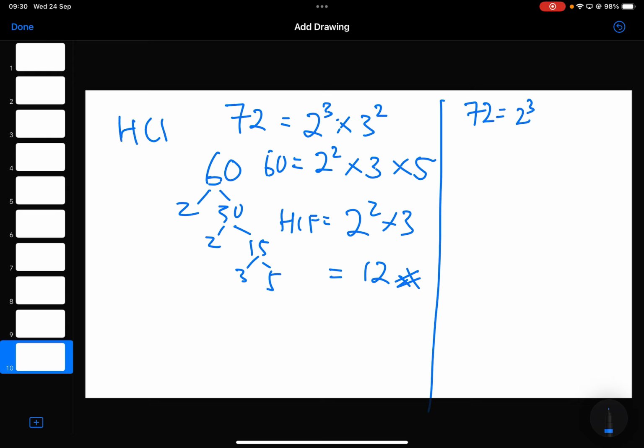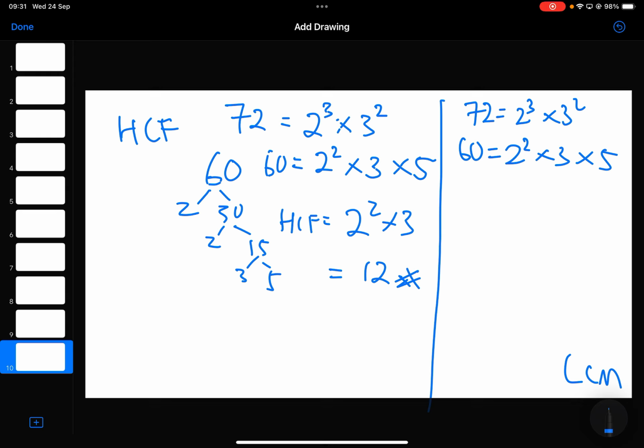On the other hand, this is HCF. Now I go to LCM. If I want the lowest common multiple, the important word here is multiple. Okay? A multiple is a big number. 2 multiplied by 2, 3, 4, 5, 6, it will become bigger and bigger. So a multiple is a big number.